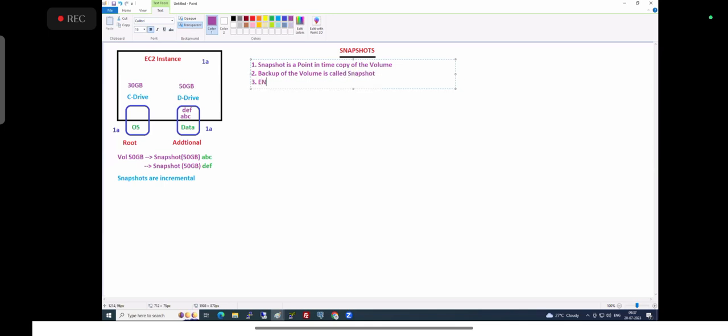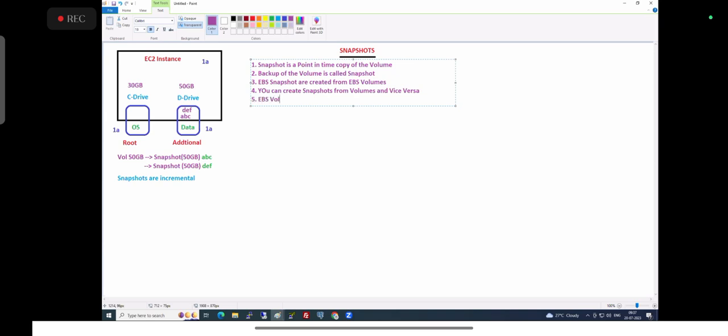So EBS snapshots, meaning EBS snapshots only, because you are taking them from EBS volumes. EBS snapshots are created from EBS volumes. That means you can create snapshots from volumes and vice versa.